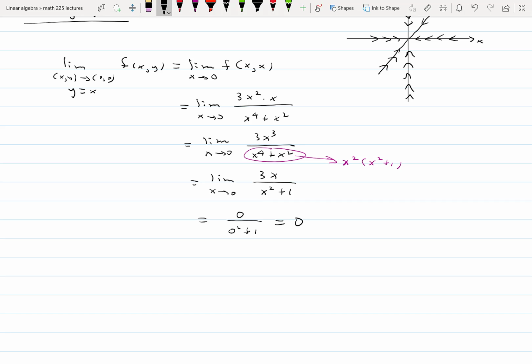This is disturbing. The z-values are approaching 0 along all three of these paths. What pathway am I going to try next? Maybe I'll try y equals 2x, y equals 3x, y equals negative 7x. What if I get all those limits equaling 0? Then I've got a problem. So I'm going to use a little trick. I'm going to let x and y approach the origin along every line y equals mx.